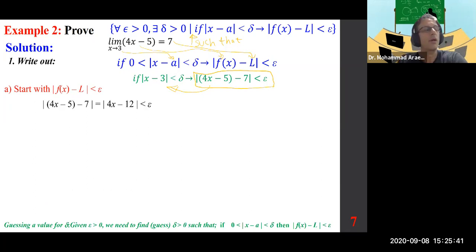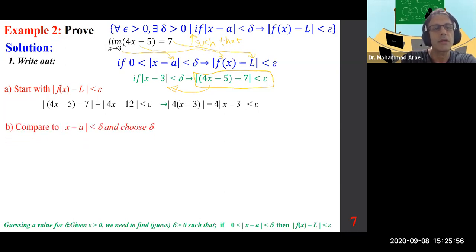4x minus 5 minus 7 is 4x minus 12. Here, everybody can see we can factor out the 4. And everybody can see we divide by 4. Okay? Because remember what we want to do. We want to compare and make a decision.